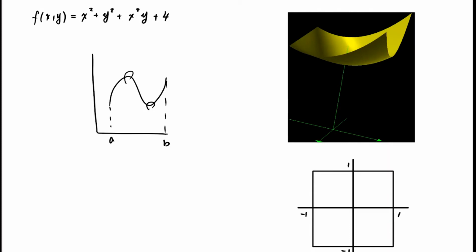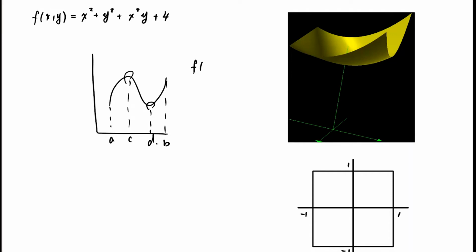There's a little bit of difference between the local max versus absolute max. Instead of the second derivative test or the increasing, decreasing test, we don't care whether this is a local max or local min. Let's say this point happens to be c and this point happens to be d.